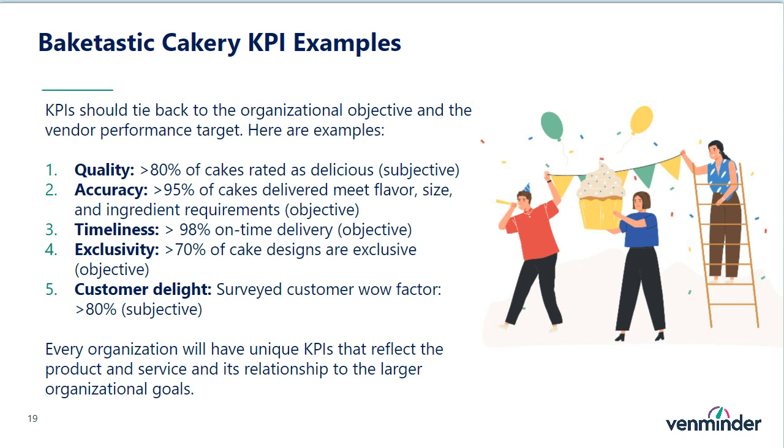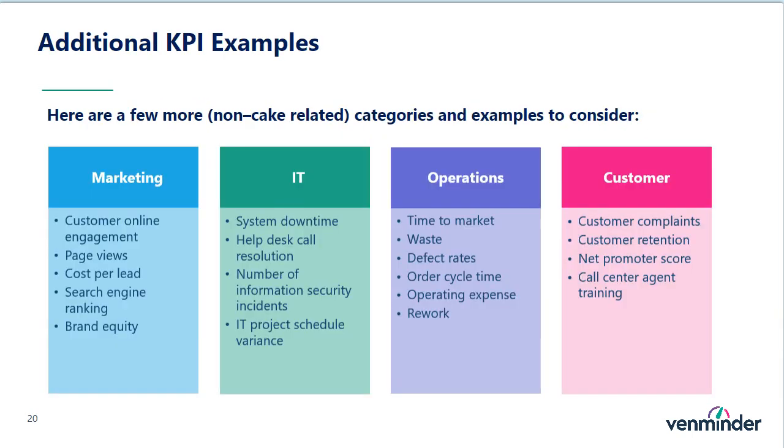So maybe you're not so excited about the metrics for the cake vendor. So now let's look at some example KPIs that might be more relevant for your business. So here is a list of potential KPI categories and examples. They might be more relevant for you. So we have a couple different areas here. Starting with marketing, we might want to measure online engagement, page views, search engine ranking.